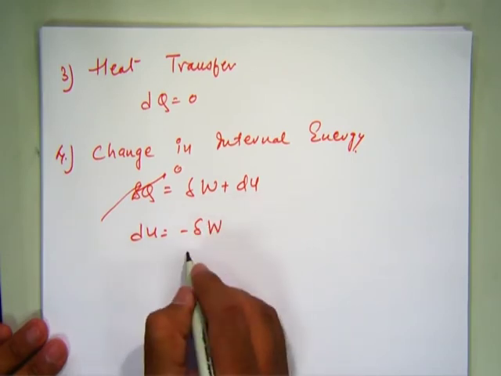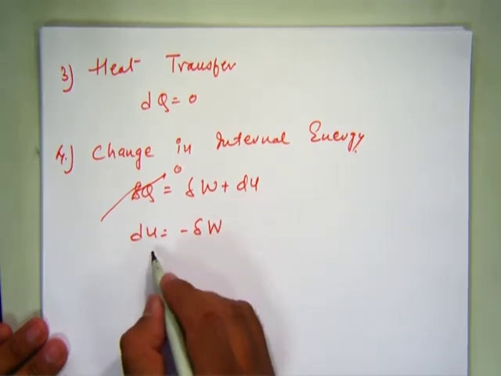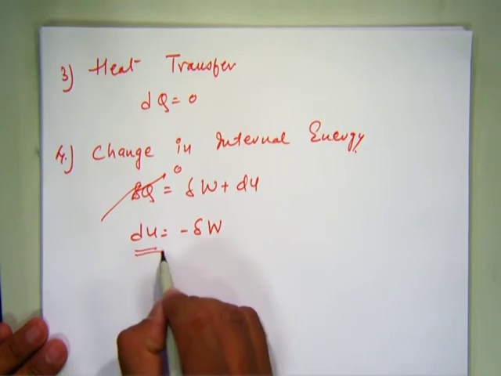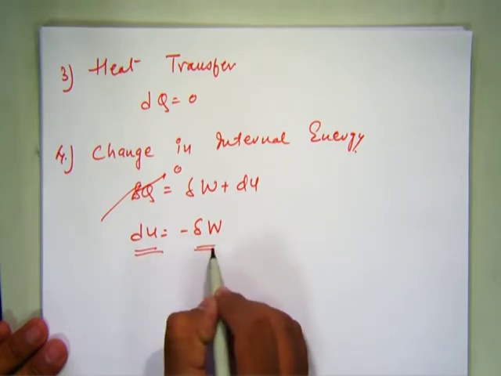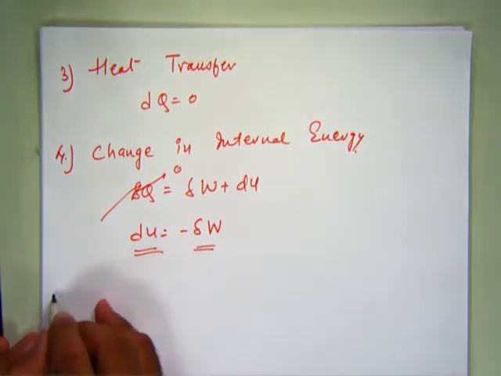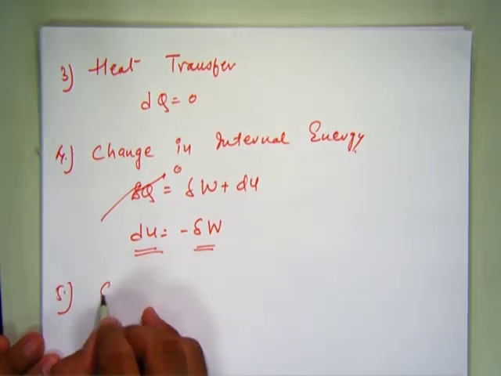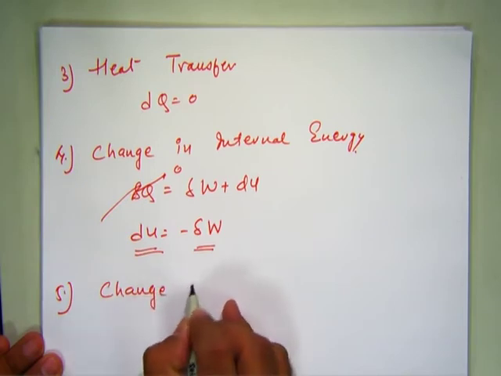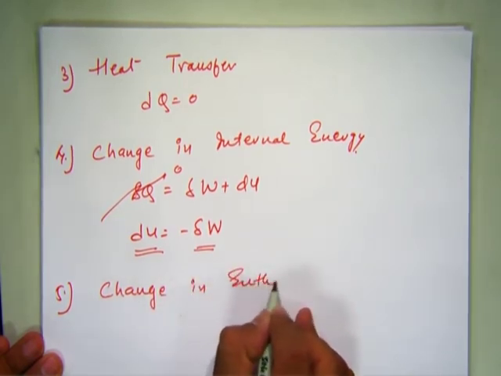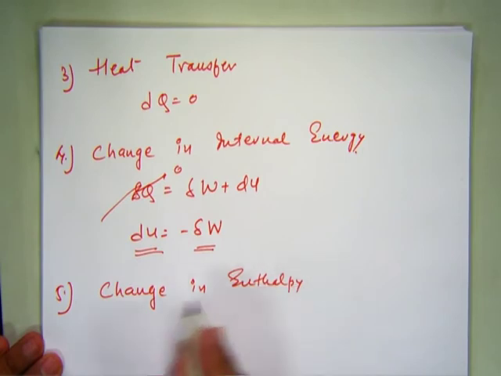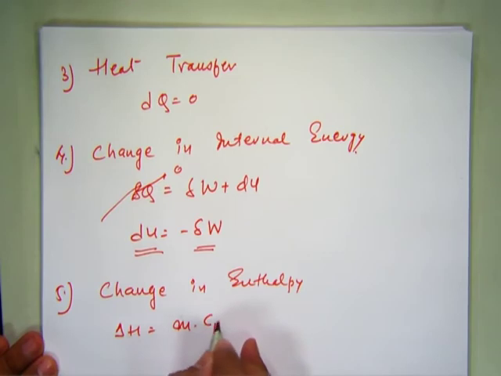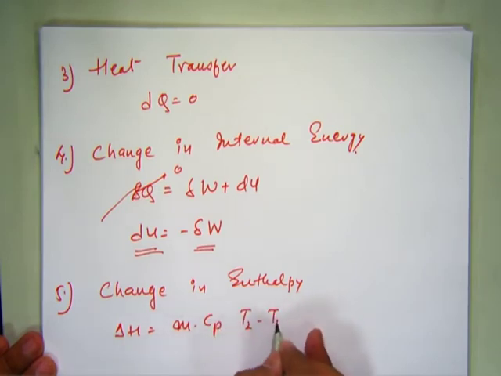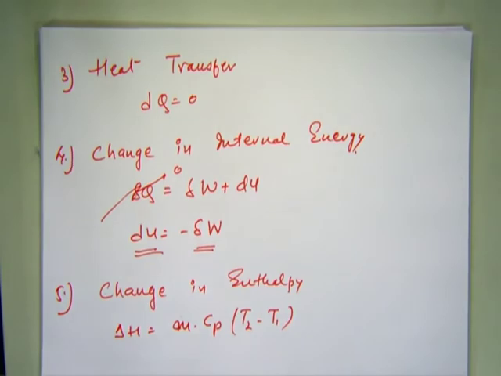So what it indicates, whenever there is an adiabatic process, the change in internal energy is equal to the work done, right? And the last is change in enthalpy. Change in enthalpy, that is delta H is equal to m Cp T2 minus T1.